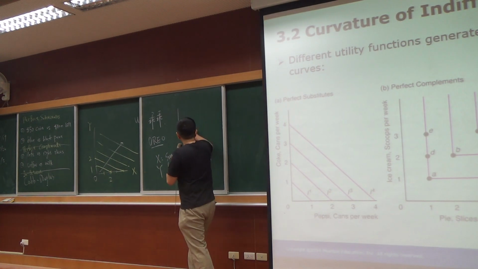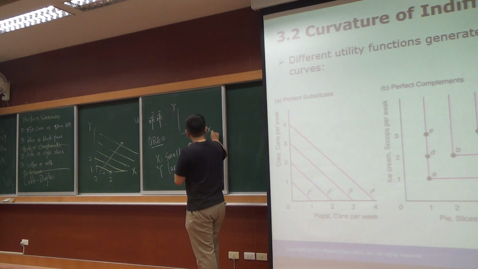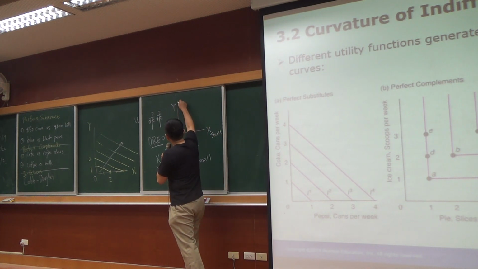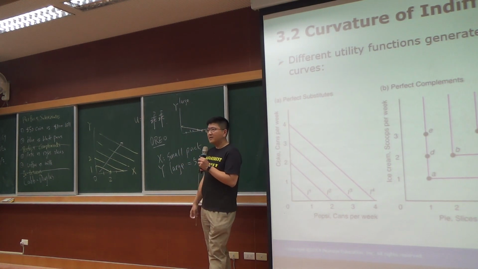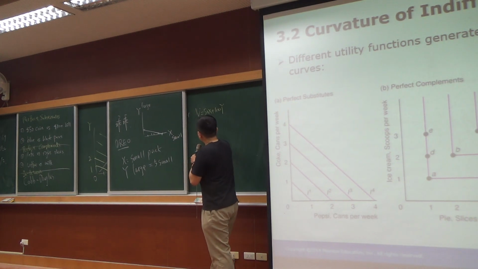So what about if X is small and Y is large? So it will be 1, 2, 3, 4, 5, 1. Is that right? Then what would be the utility?